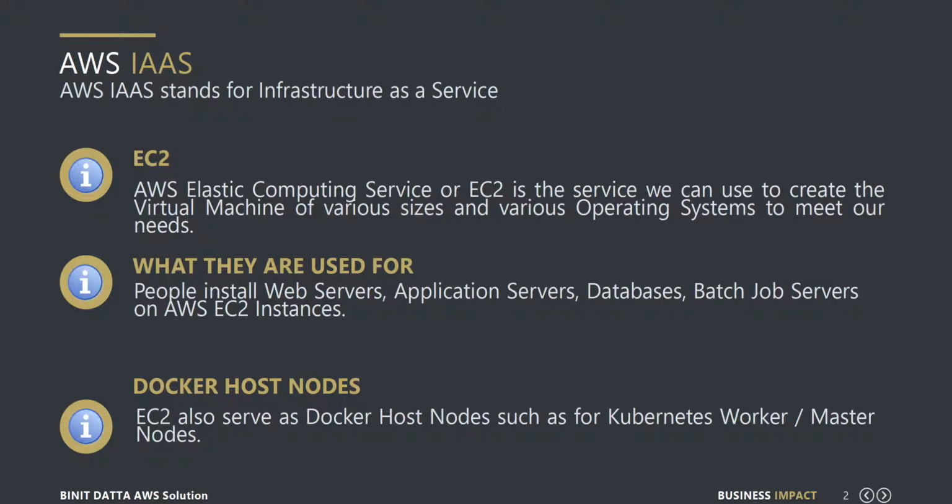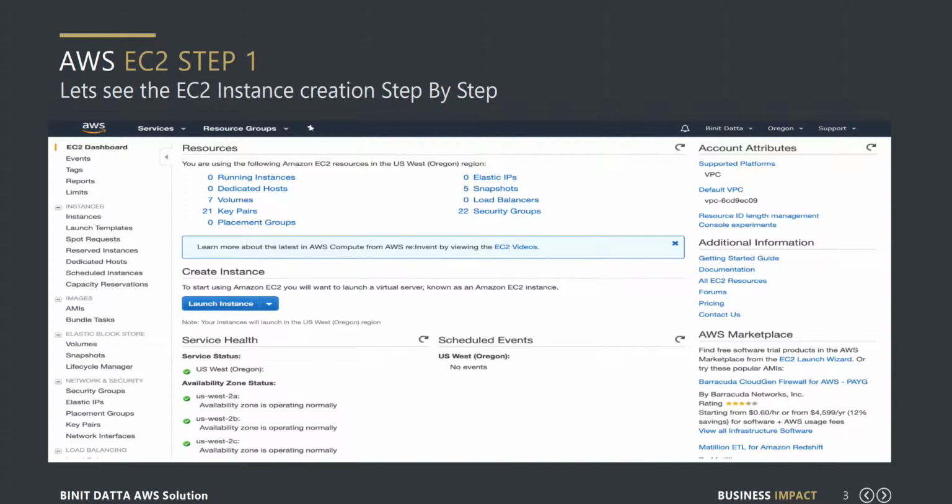So even if you do not directly use EC2 instances, whenever you are deploying Docker images, you are actually using EC2 instances, because those become the worker nodes or master nodes in container orchestration services, right? So let's move on.